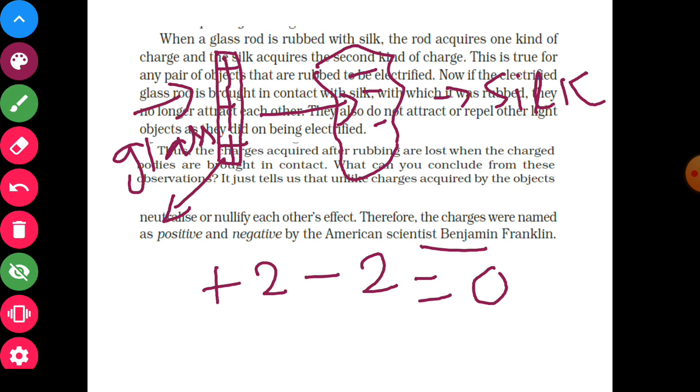So they are, you can say, charged. But when these two are brought in contact, what will happen? These electrons will transfer back to the glass rod and they neutralize each other's effect, and now they are no longer electrified, or they will not attract the small pieces or the other glass rod which it was earlier attracting or repelling.